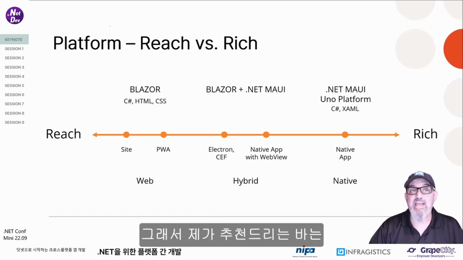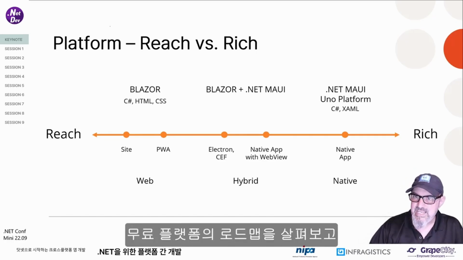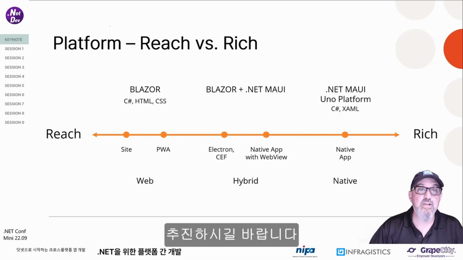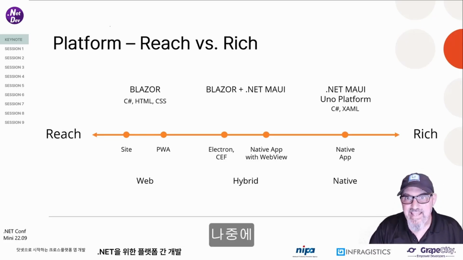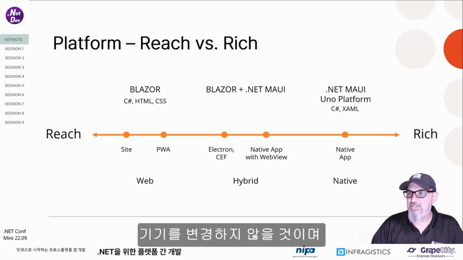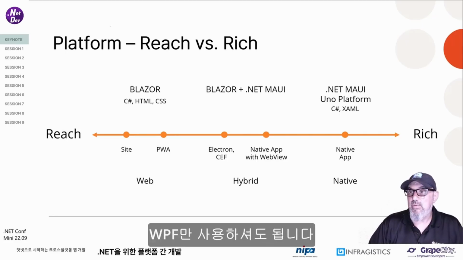What I would recommend is you take a look at the roadmaps of all of these competing platforms or complementary platforms, see how that fits with your development schedule, and if those features match, then I would go for it. At the end of the day, if you decide that you only need your application to run on Windows, it'll never leave that device, and it's a standard line of business app, you may just stick with WPF.